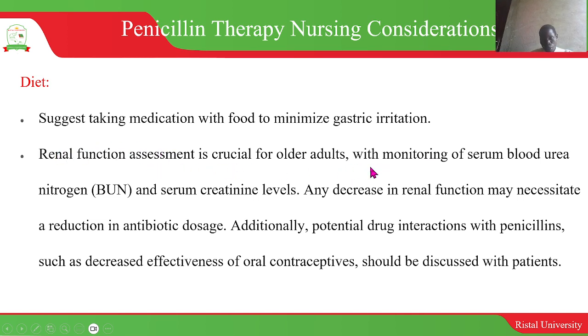Those taking some penicillin dosages can be monitored for serum blood urea nitrogen levels. Any impairment in renal function may require a reduction in antibiotic dosage. So perhaps we can reduce the dose if we see impaired renal function. Additionally, potential drug interactions with penicillin, such as decreased effectiveness of oral contraceptives, will also be discussed with the patient.